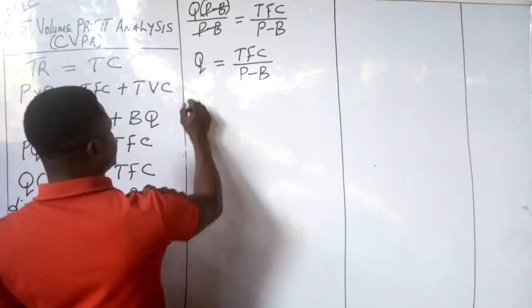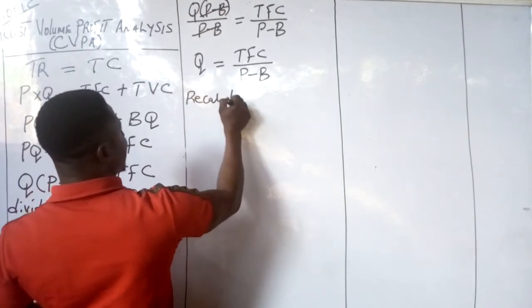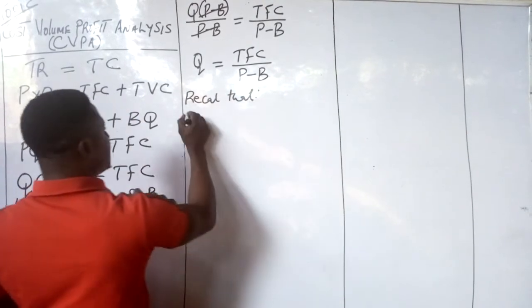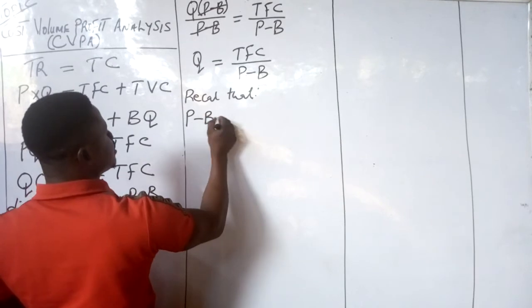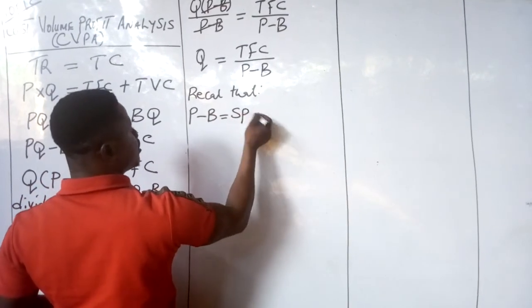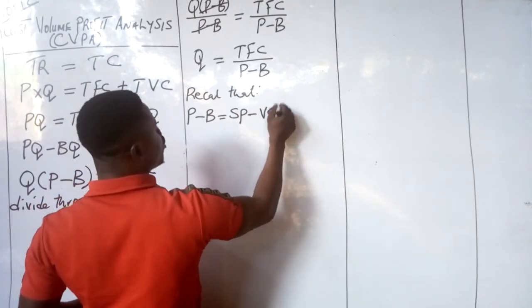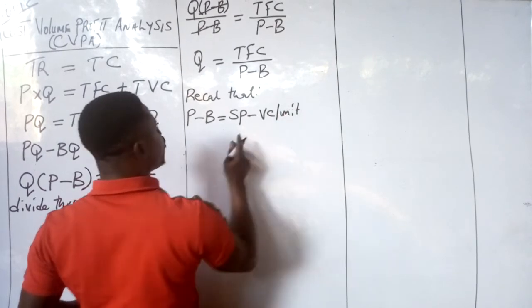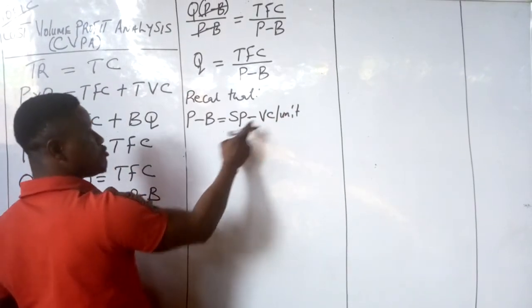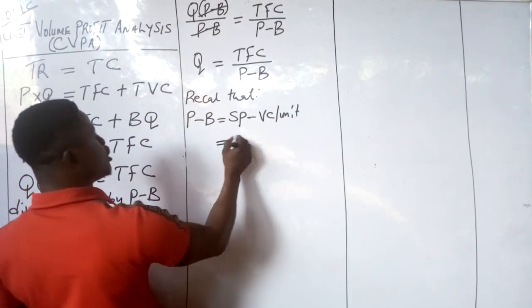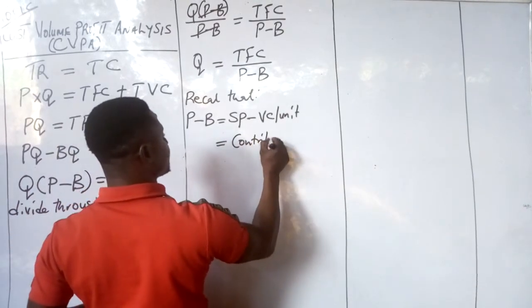Now, recall that P minus B is equal to selling price minus variable cost per unit. And when you take away variable cost per unit from selling price, you will obtain contribution per unit.